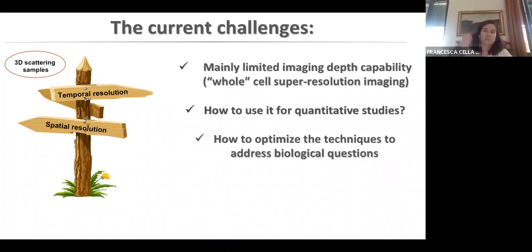But let's go back to the start of the talk. We saw how nice light sheet microscopy is, its basics and the advantages we can gain. But the question is how we can use light sheet microscopy to improve the resolution. How can we combine it with super resolution and try to make super resolution of larger tissues, not only cells or thin samples?